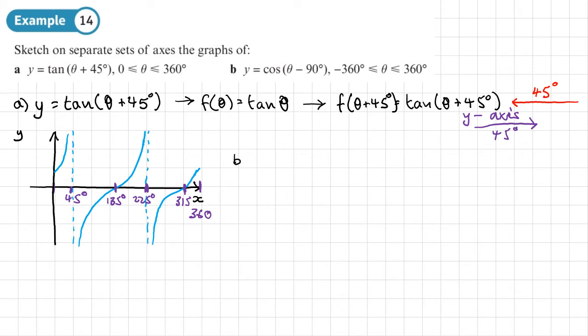Okay, part B, we've got y equals cos of theta minus 90. So again, we'll call f of x, or f of theta in this case, f of theta equals cos theta.